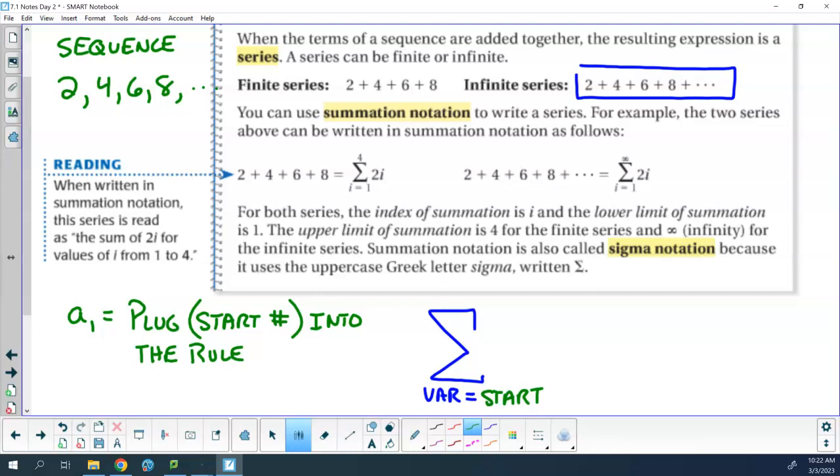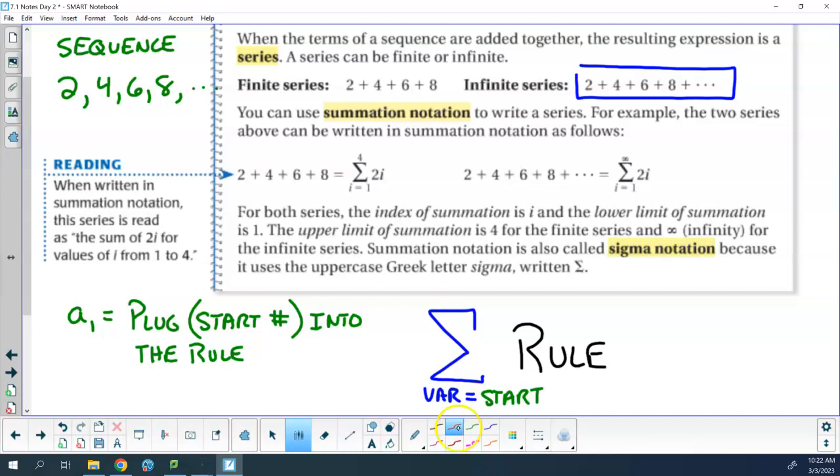The rule, you say, where's that? Well, that comes after the sigma. Whatever's after that is the rule. Whatever your variable is, that's going to be in your rule. The variable in your rule has to match the variable down here. Okay? So you're going to plug the start into the rule. That's going to give you your very first term.